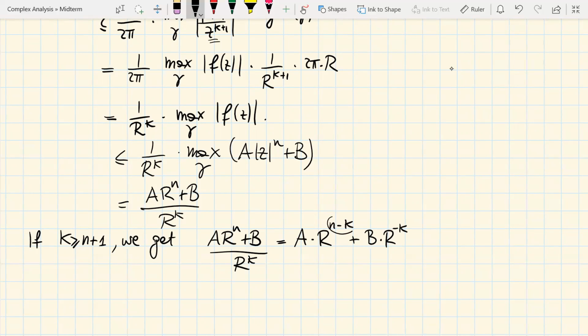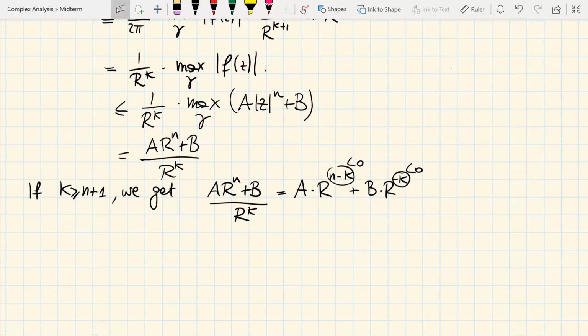And both these exponents are negative now. So this number here, as r goes to plus infinity, converges to 0.